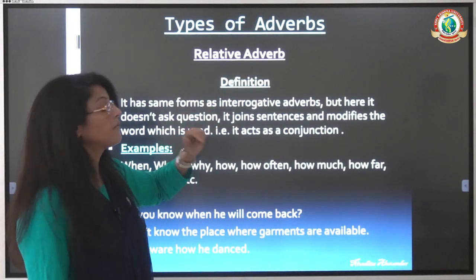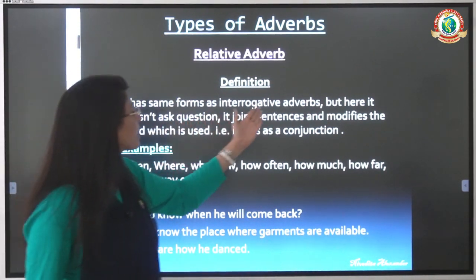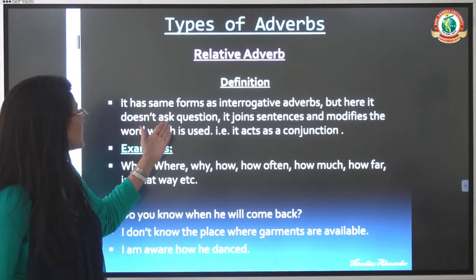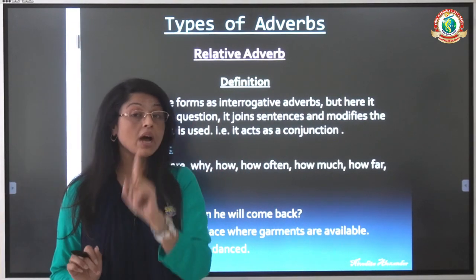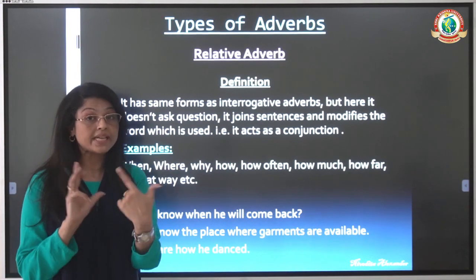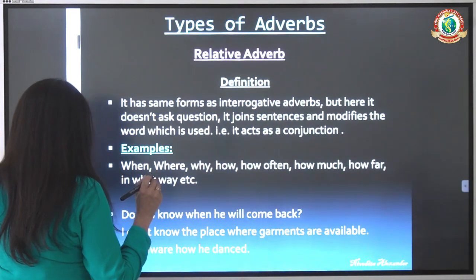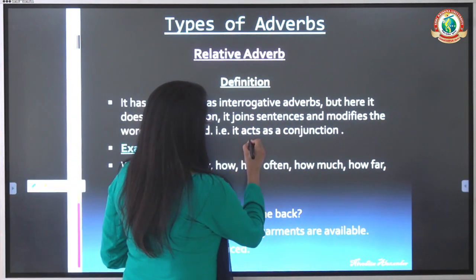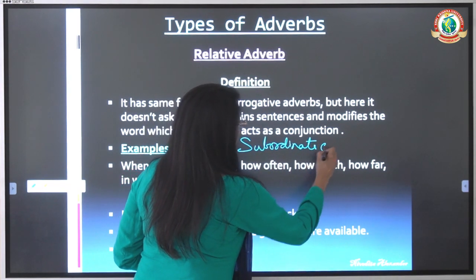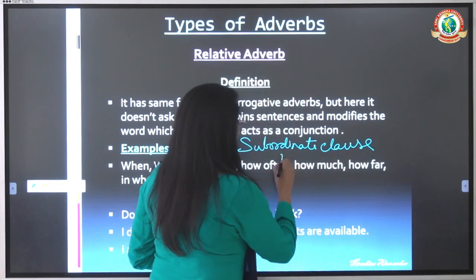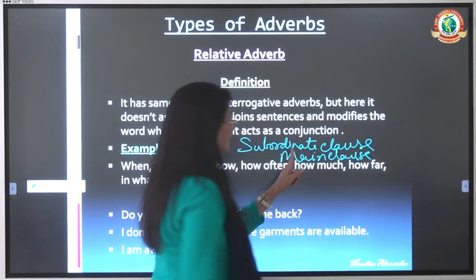Here, the last adverb is a relative adverb, which is left here. It has the same form as an interrogative adverb, but here it doesn't ask a question, it joins sentences, okay? Now I have already told you that a sentence basically has two parts. The first part is also called the main clause.